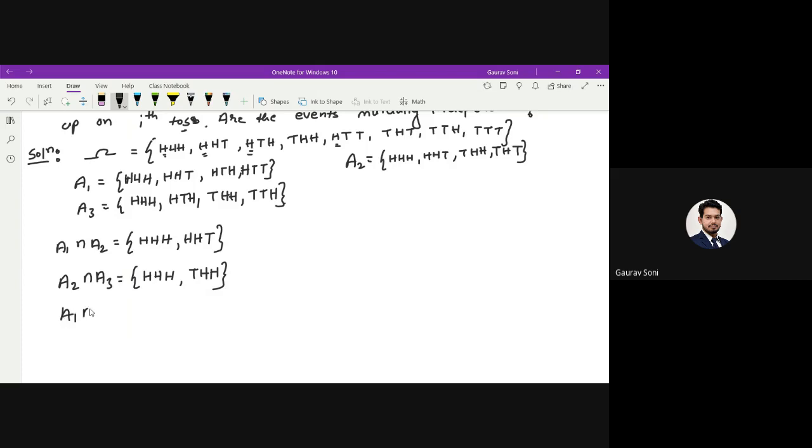A1 intersection A3 is equal to head, head, head, and the other one is head, tail, head. A1 intersection A2 intersection A3. What is this? Head, head, head. That's it.